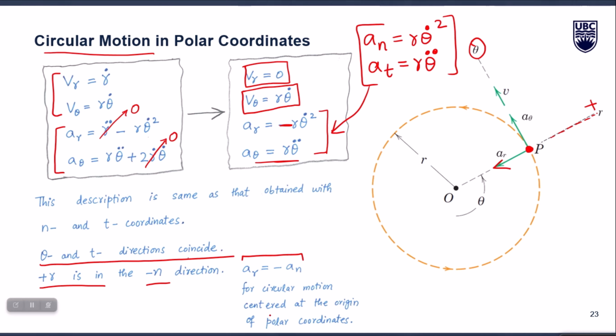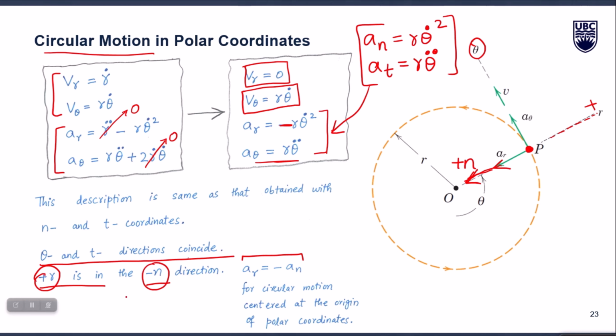If you describe the same circular motion in terms of the nt coordinate system, you will see that this direction will actually be the plus n direction, right? But in our polar coordinate system, this direction is actually the minus r direction. So therefore, you have a sub r equal to minus a sub n. So while theta and t directions coincide exactly, r and n have opposite directions, right? So plus r will have a minus n direction.